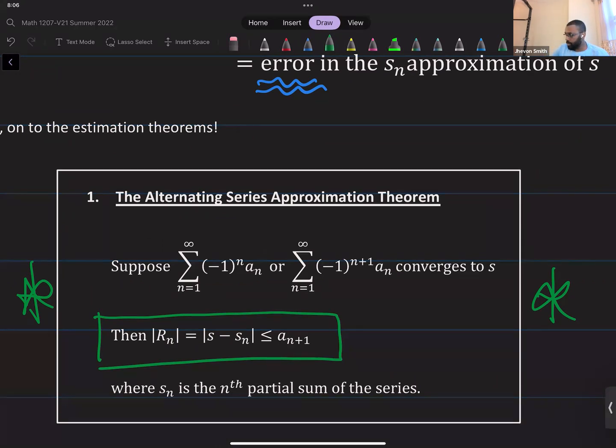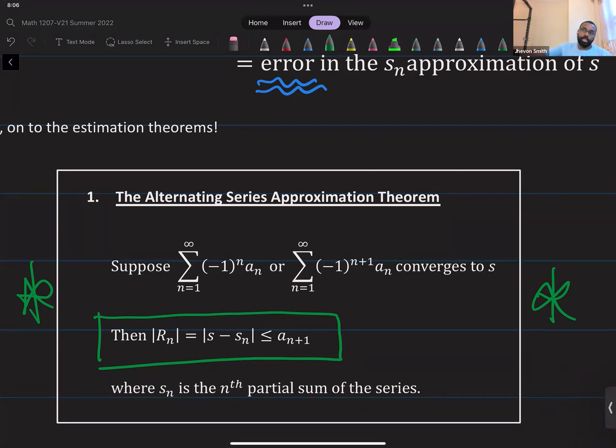So this will tell you that in the event that you have an alternating series and you add up the first n terms and then you ignore the rest, you are going to get an error from ignoring the rest.